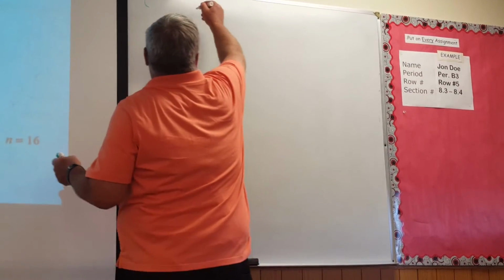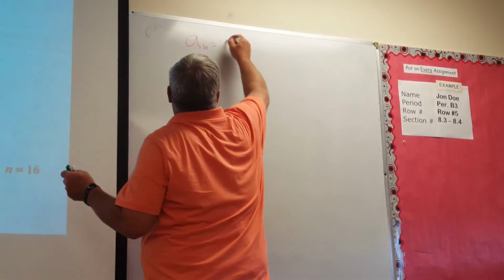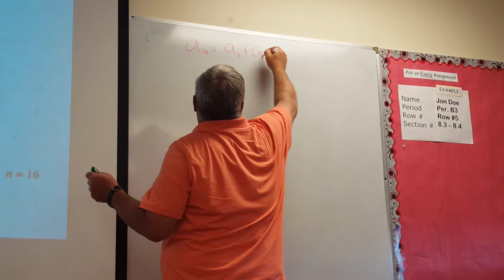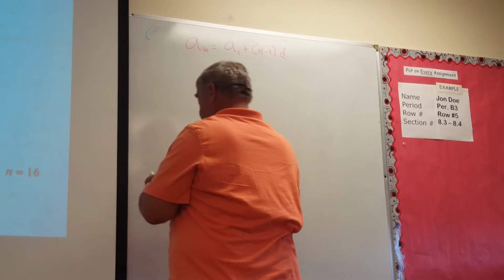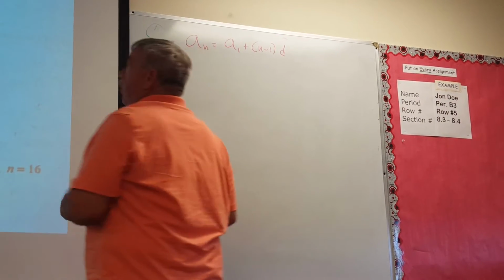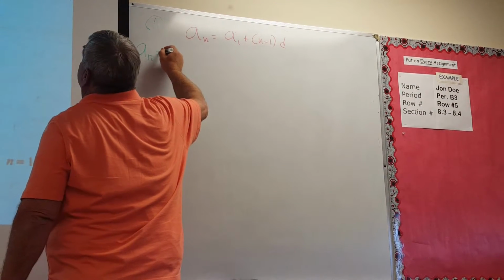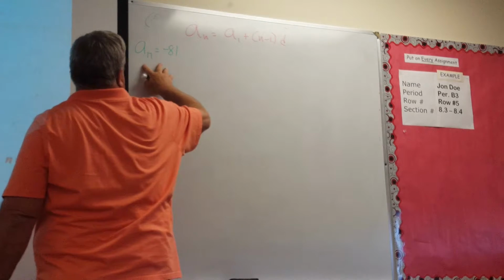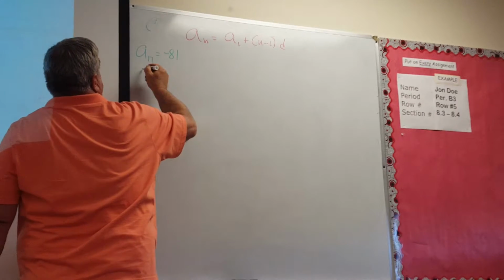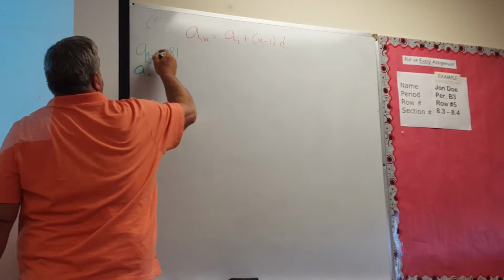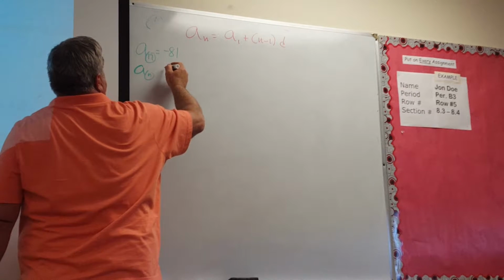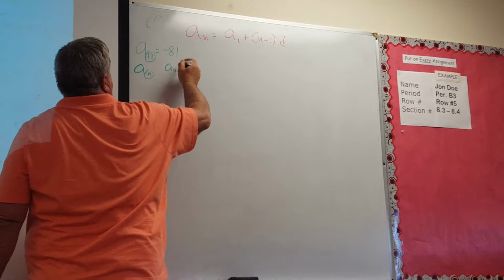Okay, now remember, our big thing here is that explicit formula, okay? So AN equals A1 plus N minus 1 times D. So on number 20, they say A of 17 equals negative 81. So, and that's AN, so N is 17, and this is A to the N, which is right here.